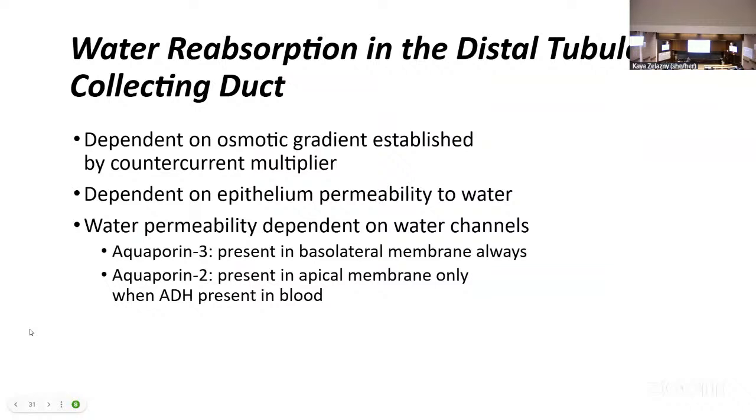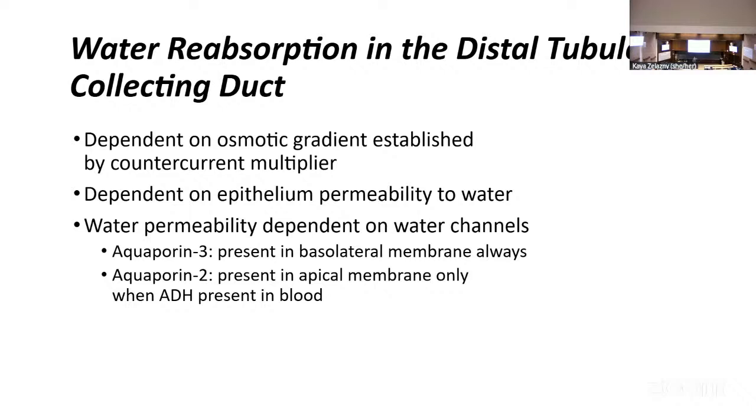Okay. That takes us to the distal tubule and the collecting duct, which is what we really care about when we think about how the kidneys are regulating blood volume.